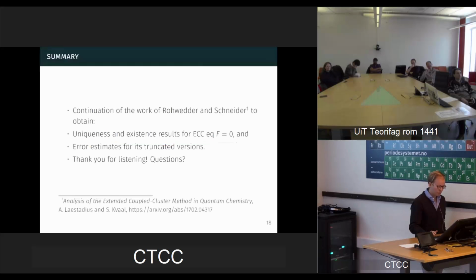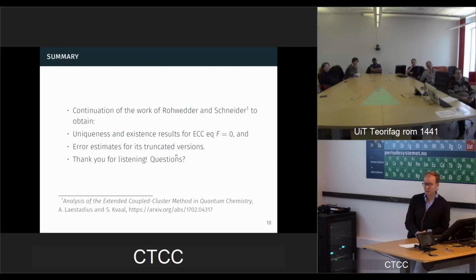So, to have a short summary. What Simon and I have done is continue the work of Rohwedder and Schneider to study the extended coupled cluster theory. We have a preprint available on arXiv.